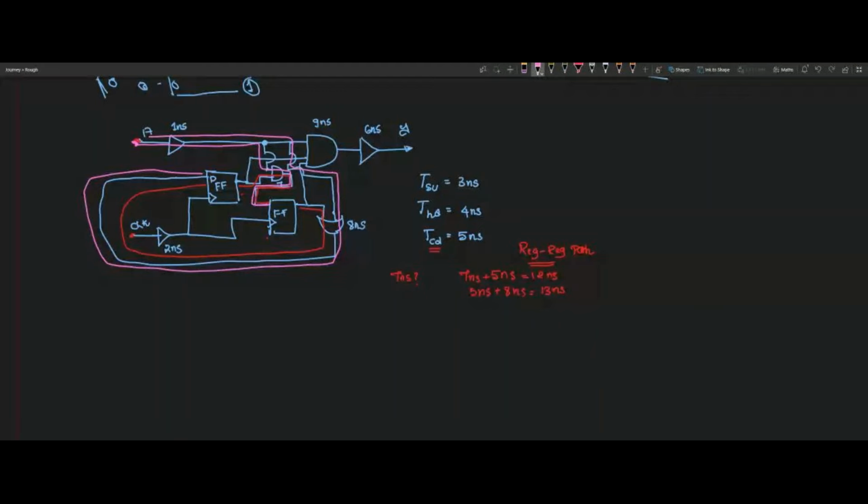Students, am I audible? No, no, sir. So what is the first path delay? If I consider this as A, this path as B, what is the path A's delay?